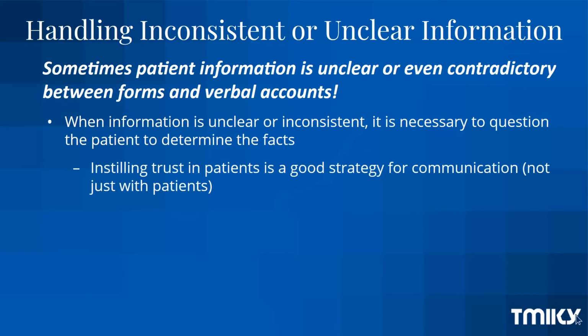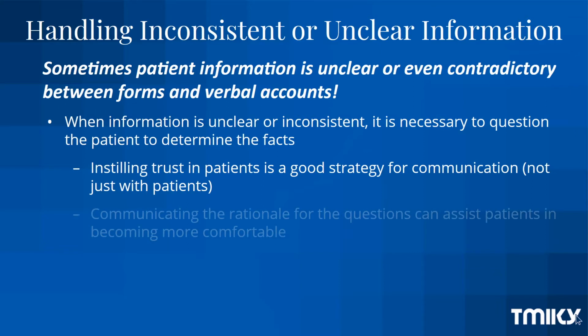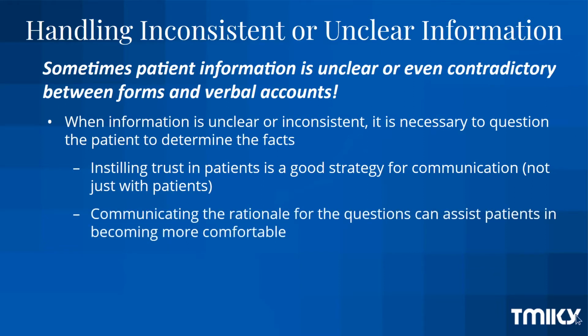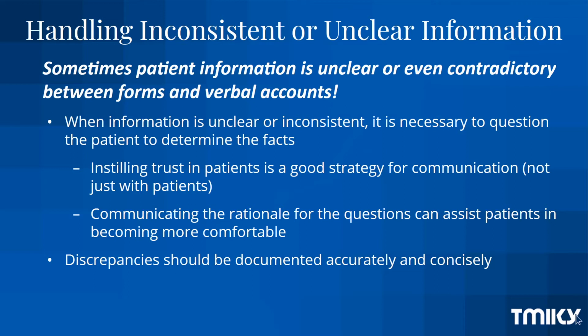This is a good strategy for communication, not just with patients, but in general. And communicating the rationale for the questions can assist patients in becoming more comfortable. You want to make sure that discrepancies are documented accurately and concisely, and written policies should be in place to address how these situations should be handled.